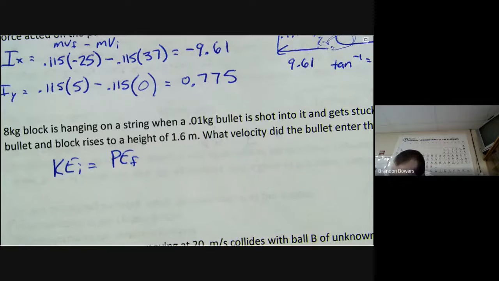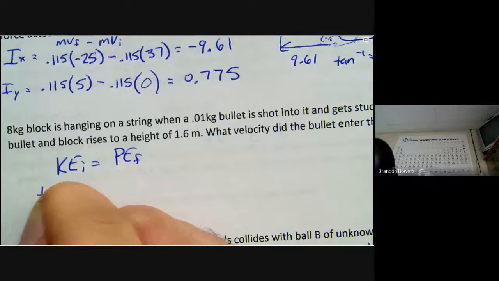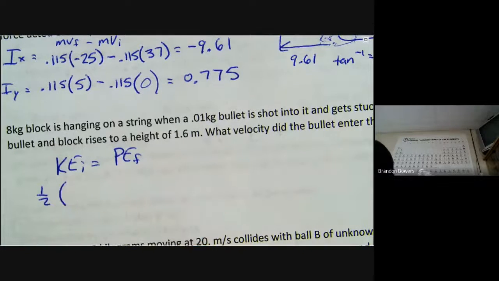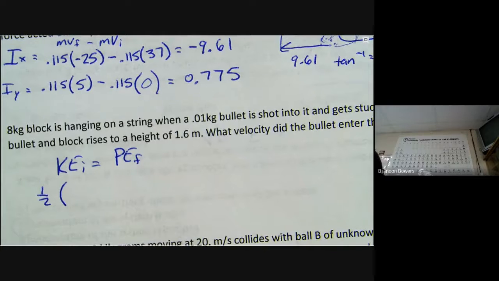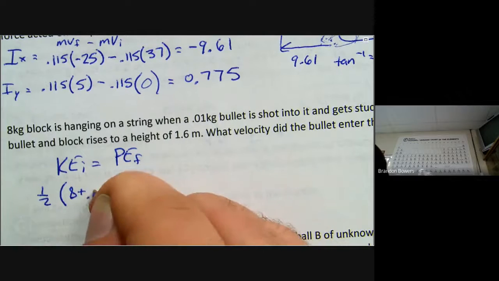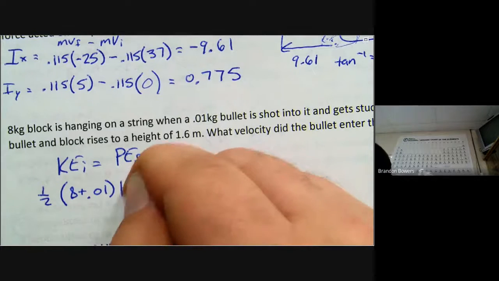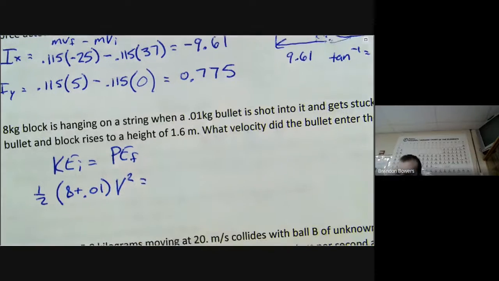So when looking at this, our kinetic energy is 1/2 the mass. If you look at the mass of the block is 8. The mass of the bullet is 0.01. So 1/2 mass velocity squared, and that's what I'm solving for. Potential energy equation.